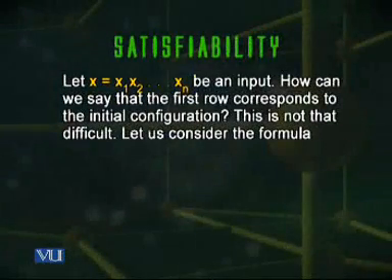Now let's say we have an input x1, x2 up to xn. What we want to say is that the first row of the tableau corresponds to the initial configuration. Remember, we want to say several things about the tableau. We want to say that x is accepted by the Turing machine M, which means that there is a tableau.